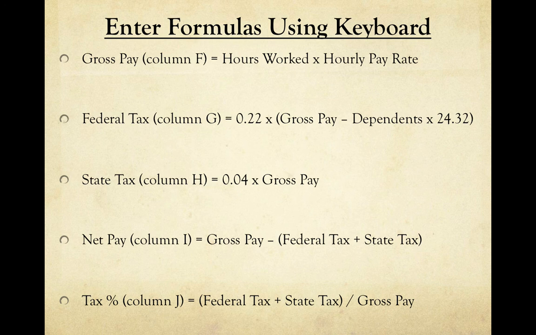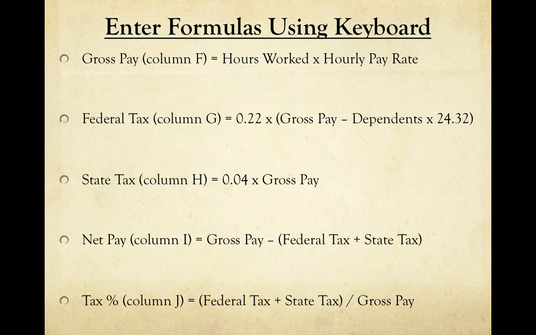Gross pay is going to be column F in our practice exercise. This is going to equal hours worked times hourly pay rate. Then we've got federal tax, which is column G. It's going to be 0.22 times, in parentheses, obviously, gross pay minus dependents times 24.32.